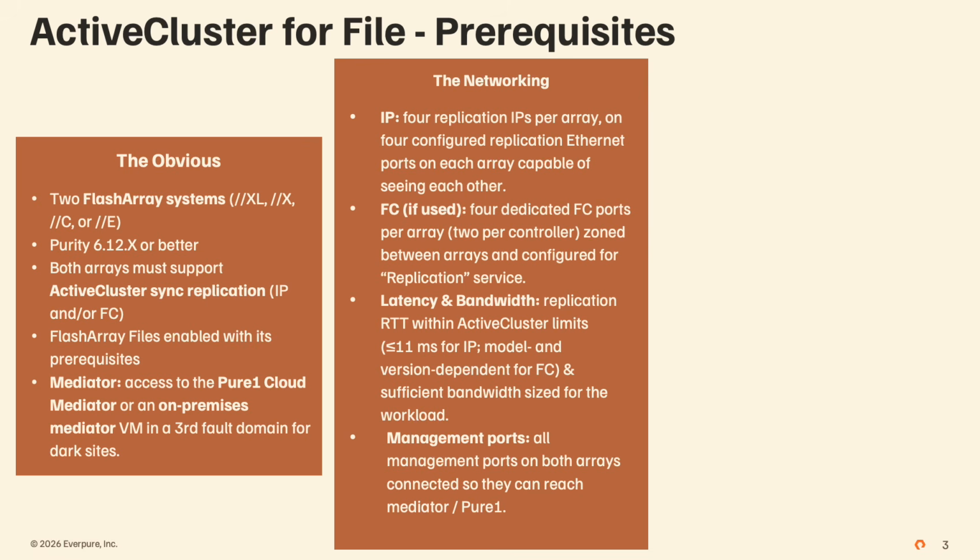If you're using fiber channel, you also need 4 dedicated fiber channel ports for that replication, with the same idea that they all have to see each other between the active and the passive node itself, and you have to have the replication service turned on. For latency and bandwidth, since this is synchronous, we are a little more sensitive on latency. You have to be less than 11 milliseconds as far as latency is concerned, and have enough bandwidth size for the amount of stuff that you will be replicating. That's obviously something you can monitor through the dashboard in your FlashArray itself.